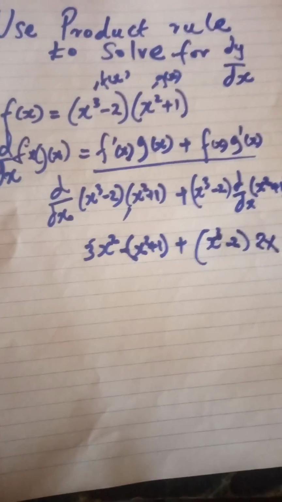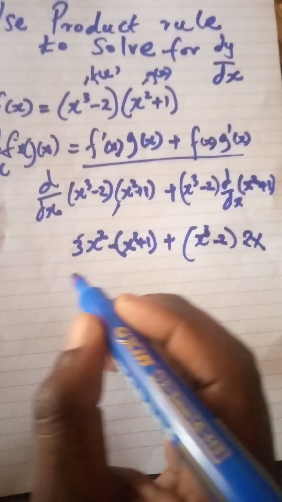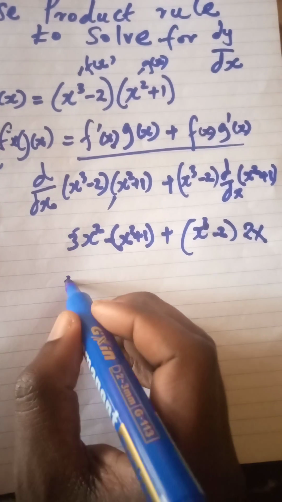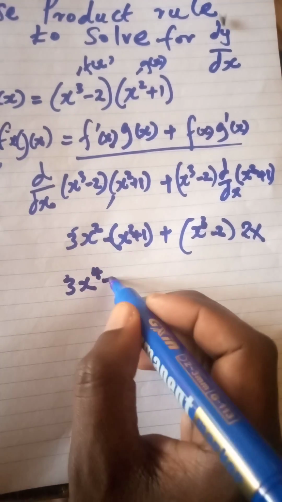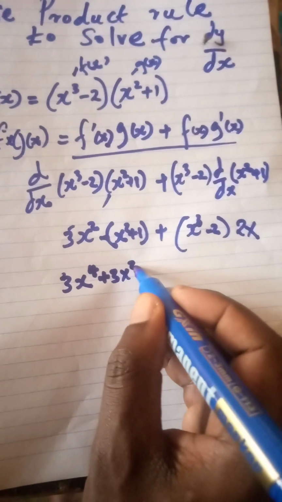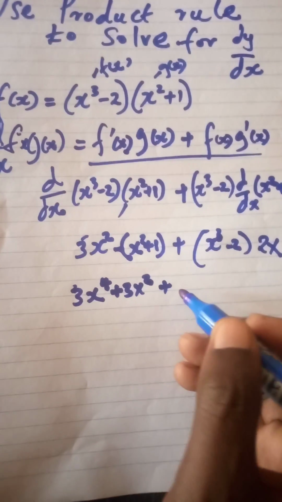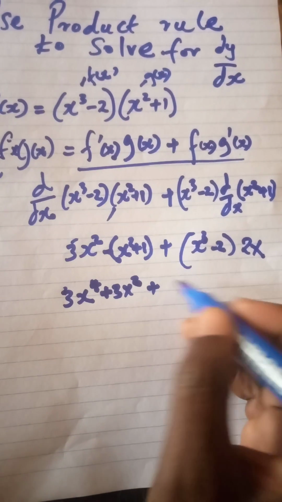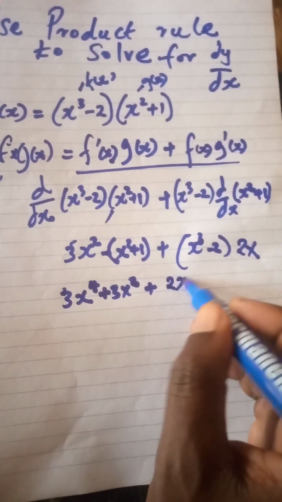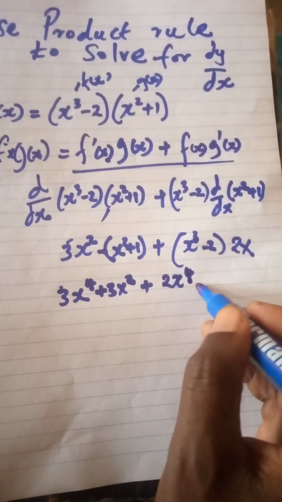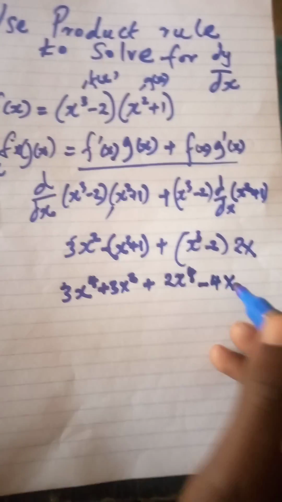So I can expand my equation and it is going to be 3x power 4 plus 3x squared, plus this side, opening the bracket using 2x, I'm going to have 2x power 4 minus 4x.